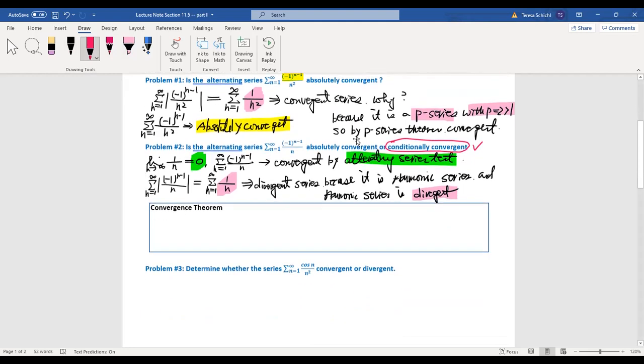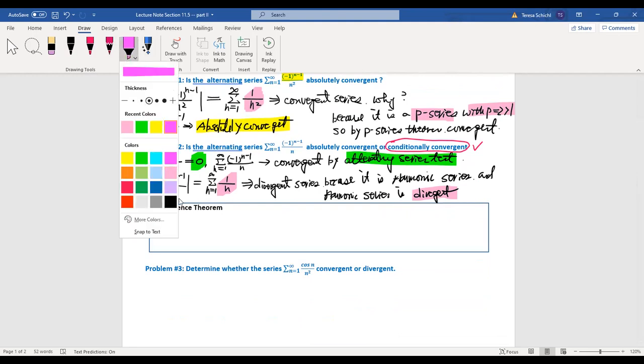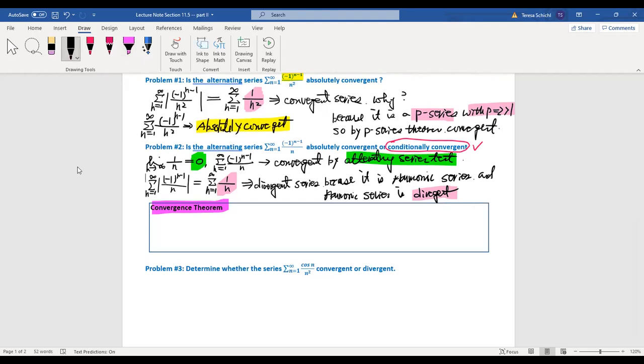All right. So now here we have absolute convergence. What does that mean? It means if I have a series, the sum from n=1 to infinity of a_n, and it is absolutely convergent, then we know it is convergent.